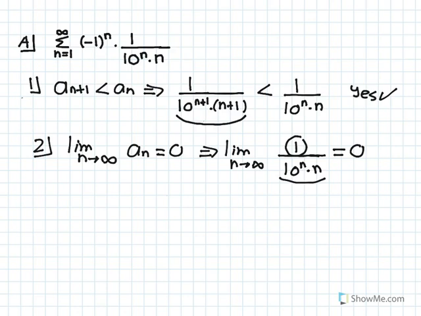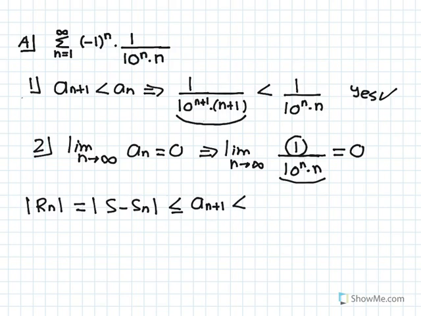So now we have to apply the remainder theorem to find out how many terms we need to add up such that we have 5 decimal place accuracy for estimating the sum. So the absolute value of R(n) is equal to the absolute value of s minus S(n). And this is less than or equal to the first omitted term, which is a(n+1).